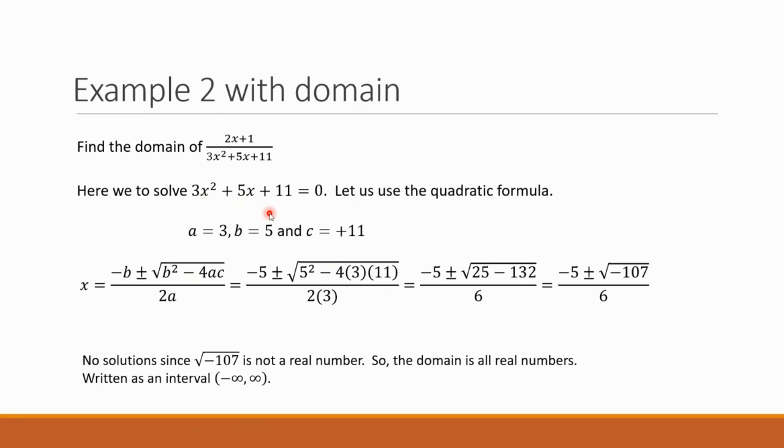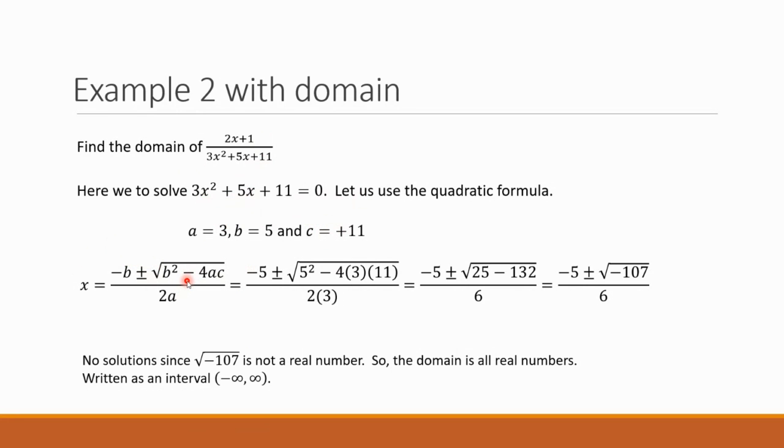You have a is 3, b is 5, c is 11. So what we get here is x equals -b plus or minus the square root of b squared minus 4 times a times c, all divided by 2 times a.